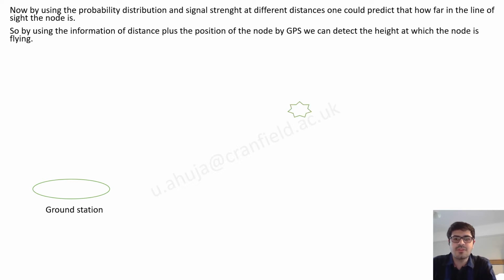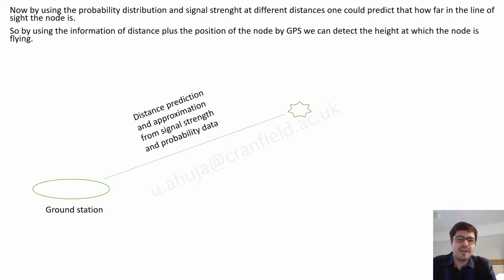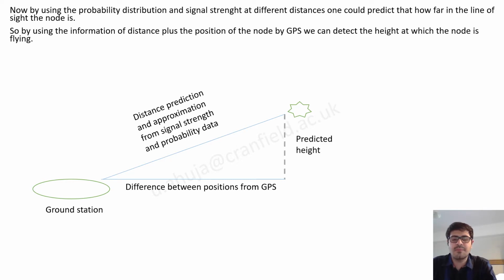So here's our flying node, and we have a distance approximation from signal strength and probability data, and we have the GPS location. From the difference, we can predict the height at which it is flying. Also, the barometer or altitude meter of the drone can give the height, in case there is no barometer or altitude meter present in the system.